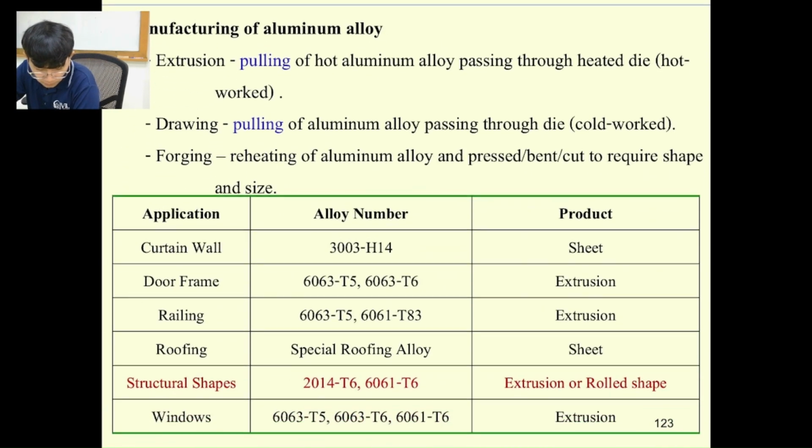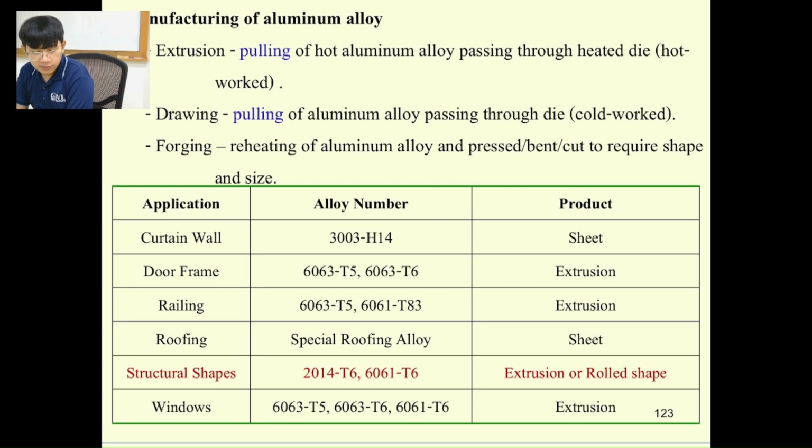And then the manufacturing process of aluminum alloy, you may have learned this in material engineering. We have three types of manufacturing. One is extrusion, the one with hot rolling. We blend it together with other alloys and then pull it out using heat; we call it extrusion.